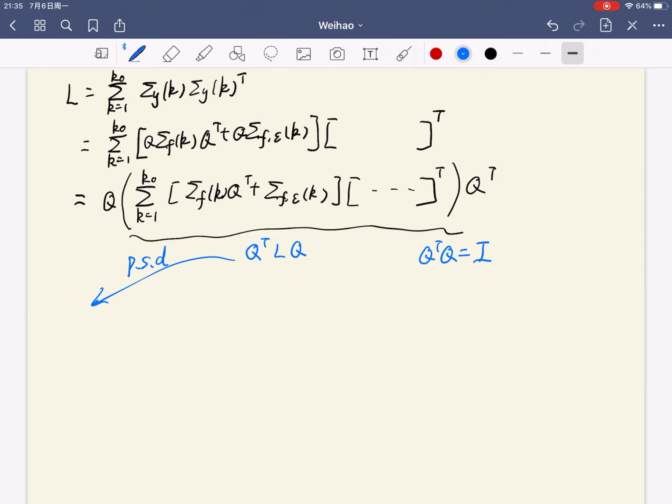for a positive semi-definite matrix, the eigenvalue decomposition and singular value decomposition are the same. Let's do the eigenvalue decomposition.